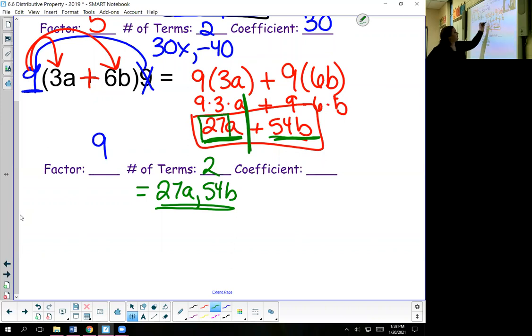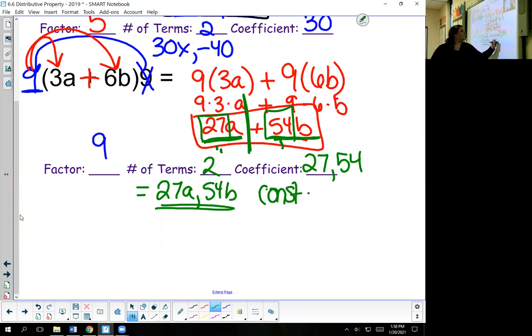I have 27, but I also have another variable with a number in front of it, so it actually has 2 coefficients. Do I have a constant? Are either of these terms never ever going to change? No, they're always going to change. So if I asked you, is there a constant in this example? The answer is no, there is not one.